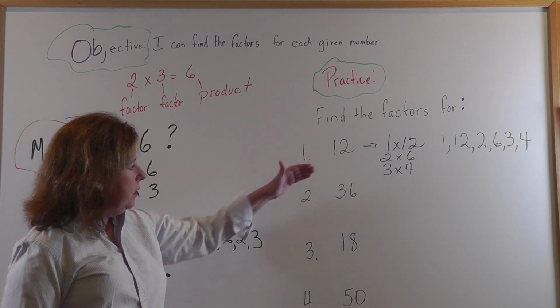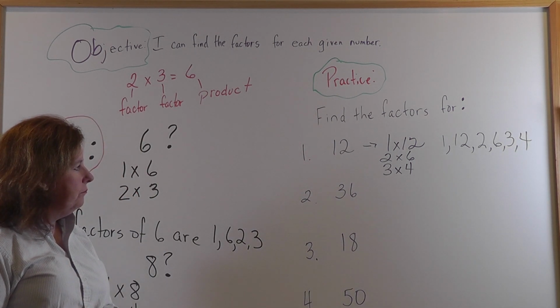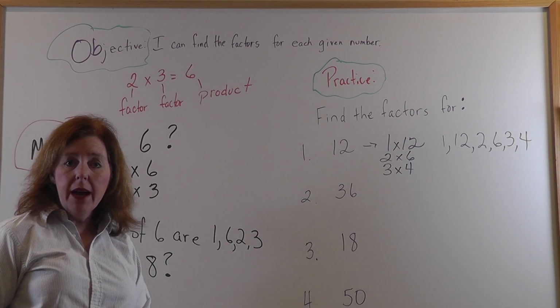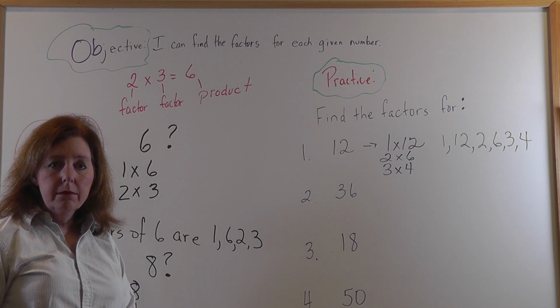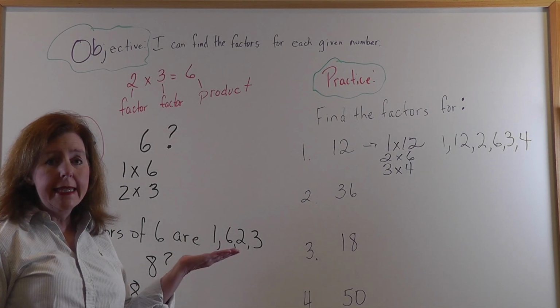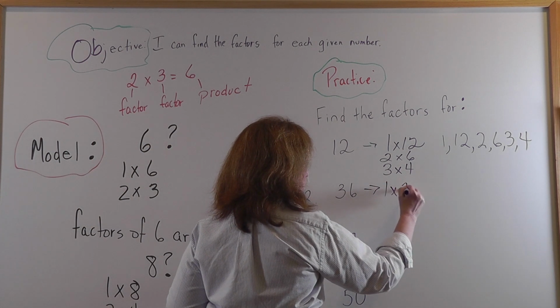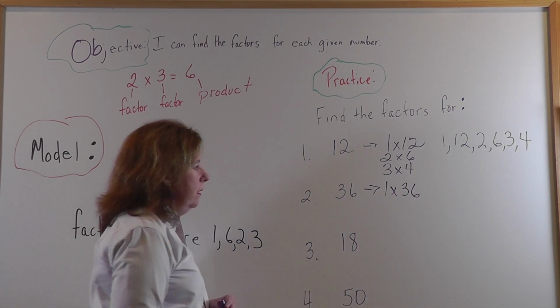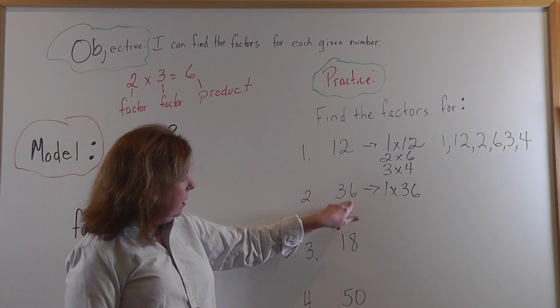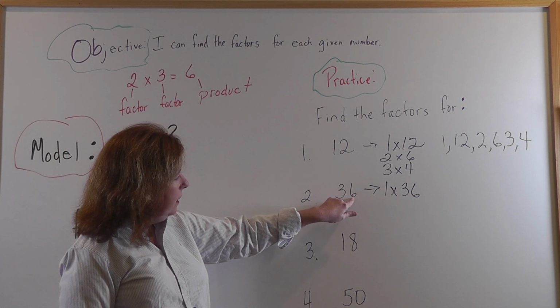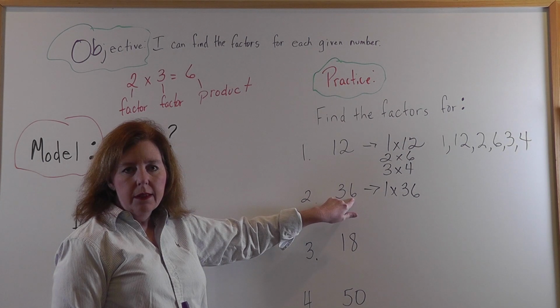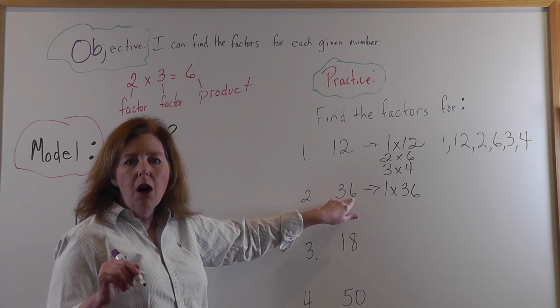Now, let's do 36. I need to find all the factors for 36. So I know that 1 times 36 equals 36. Now, I look at my ones place. It's an even number.